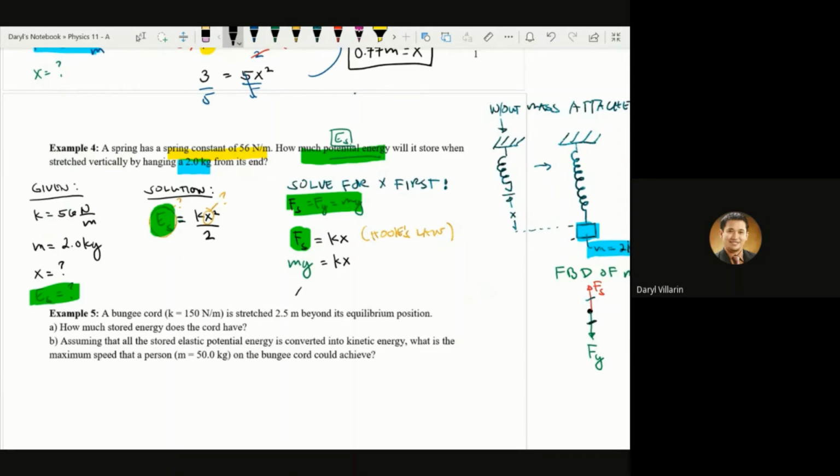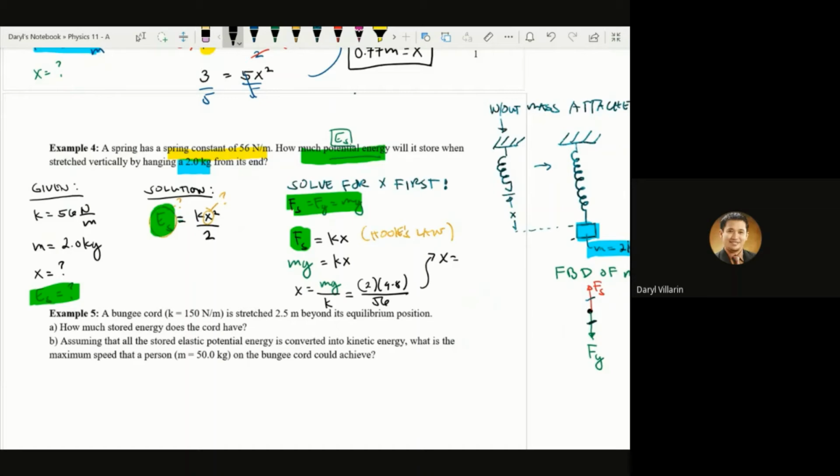X is equal to mg over k. That gives me 2 times 9.8 divided by k of 56. So I multiply 9.8 by 2 and then divide by 56.